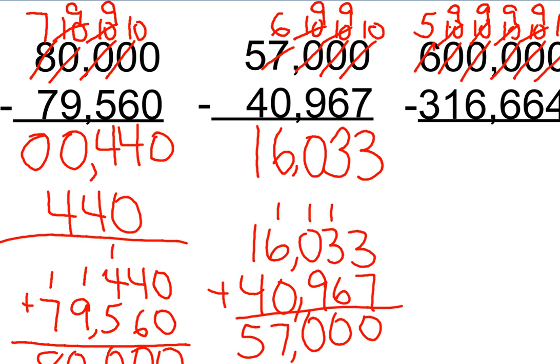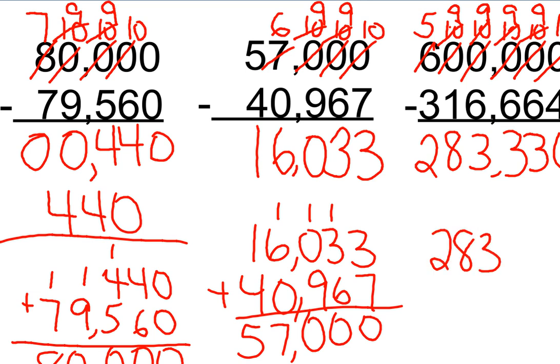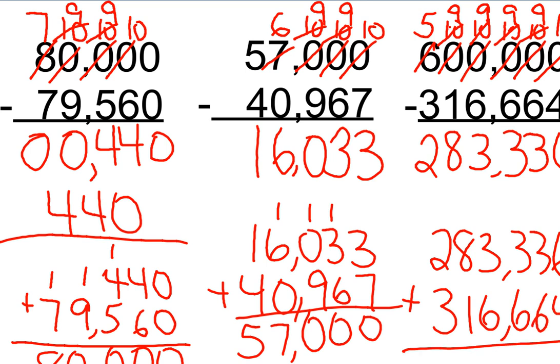And now this becomes 10. 10 take away 4 is 6. 9 take away 6 is 3. 9 take away 1 is 8. 5 take away 3 is 2. 283,336. 600,000.